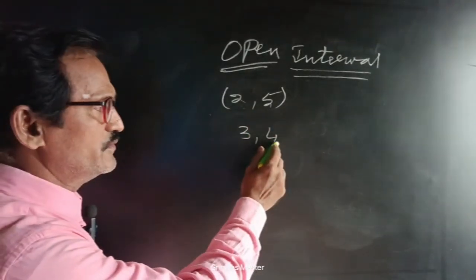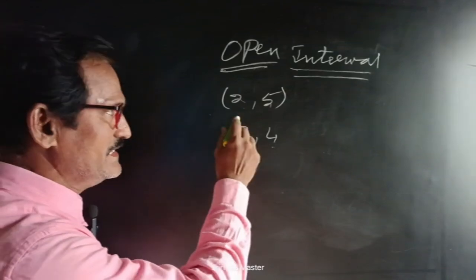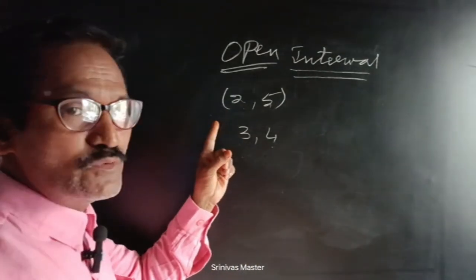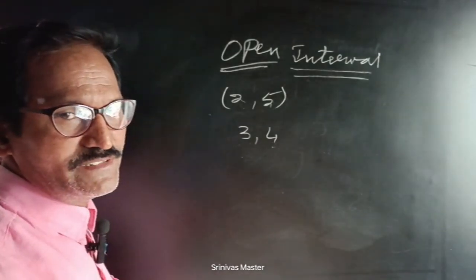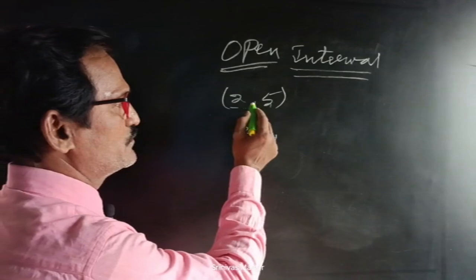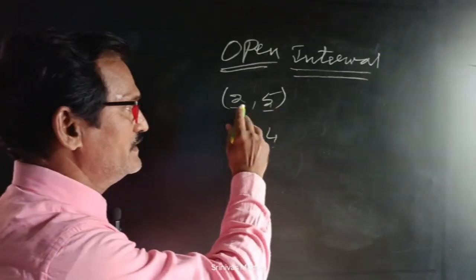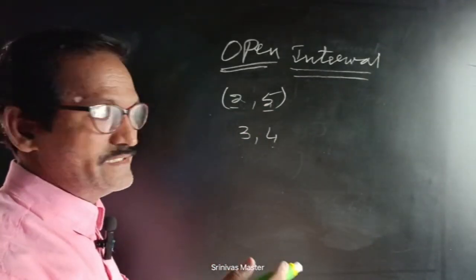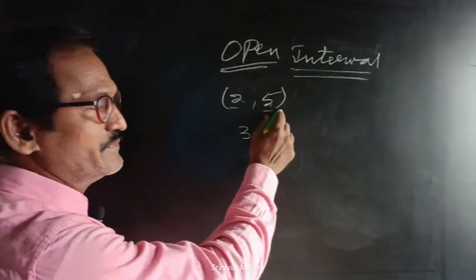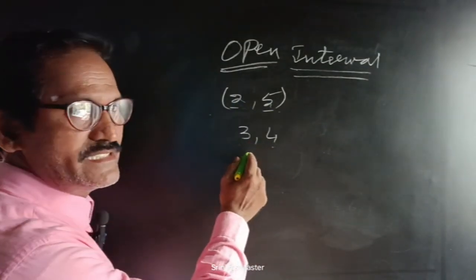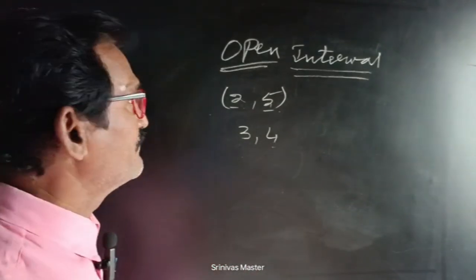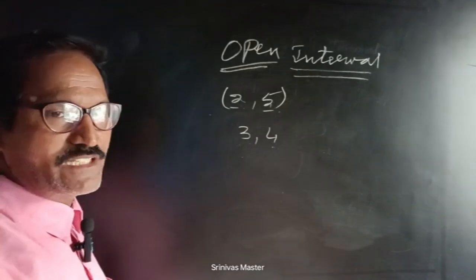Then we can say this bracket indicates excluding both the endpoints of the numbers entered in it. Except 2 and 5, then we can consider 3, 4. Okay, children, this is one of the concepts with respect to the open interval.